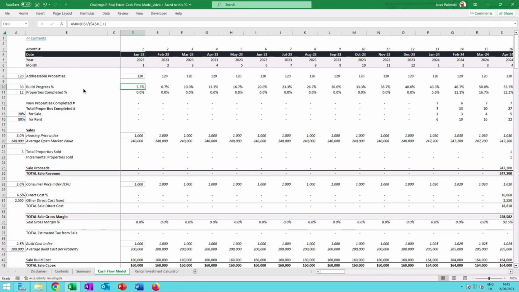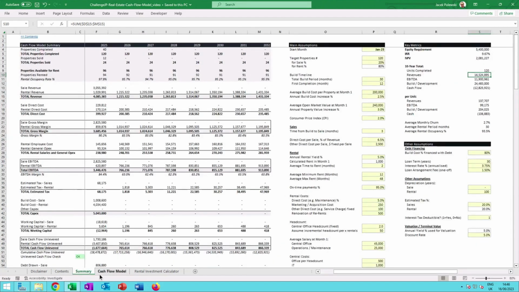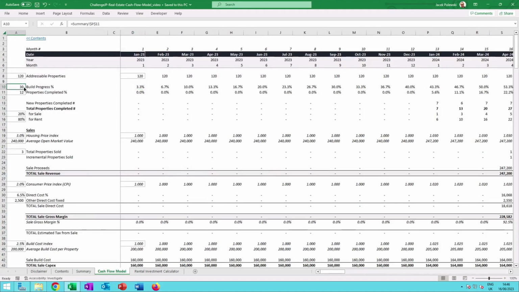So remember when we set the assumptions in the summary page over here, one of the assumptions, for example, was the number of months over which you will complete your build, and you will see that that number is listed here in my left column. So what I did in this model, I basically made sure that all the main assumptions are listed either to the left, or they're also listed on a monthly basis in the model itself.